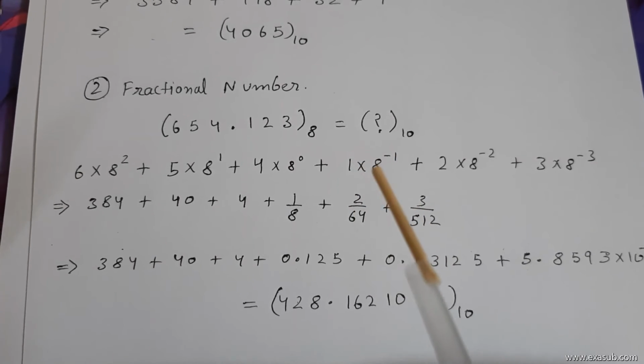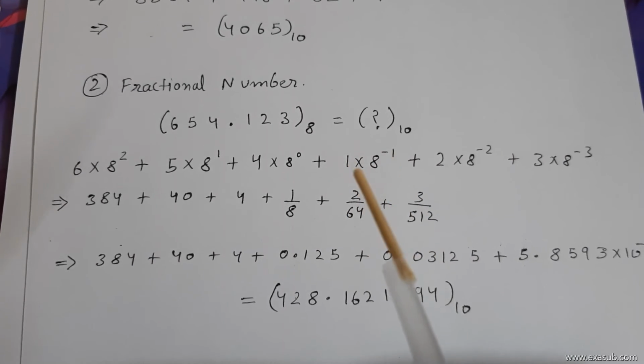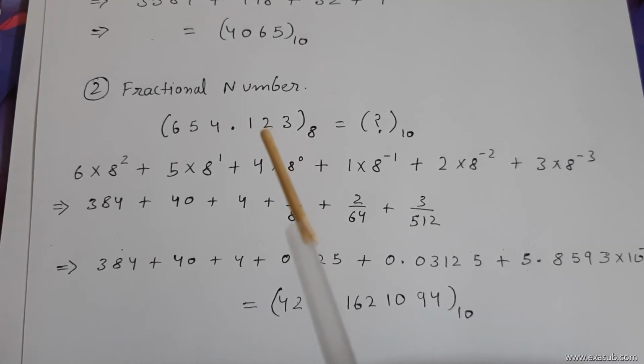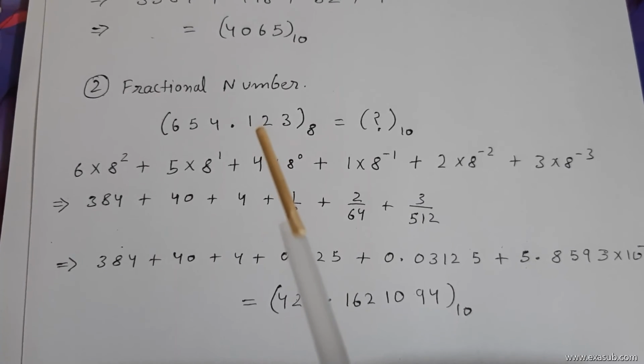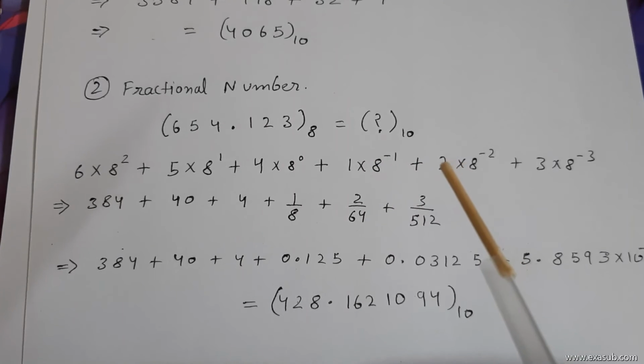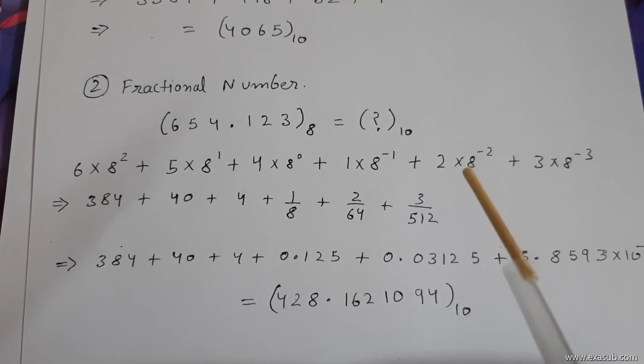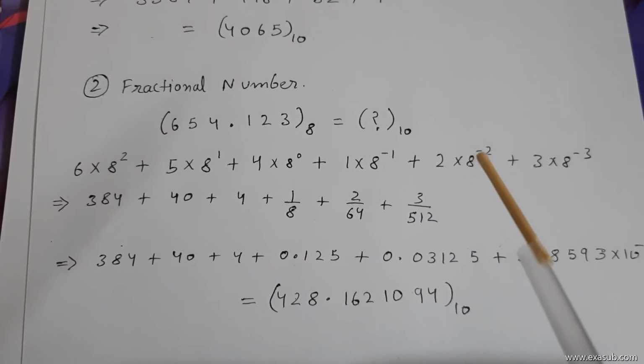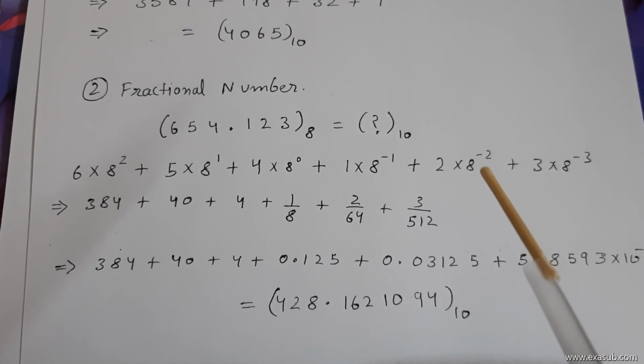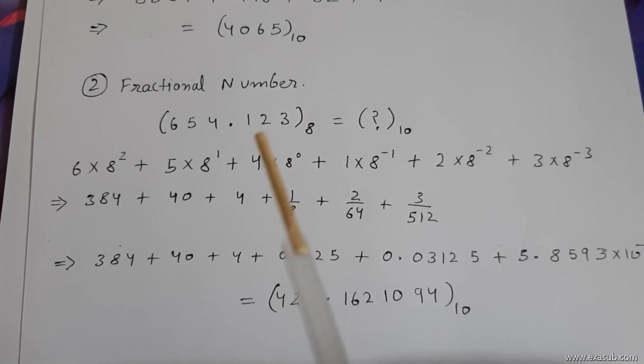So 1 times 8 to the power of -1 gives us its value. Now if we move on to the second digit, 2 is the face value, multiplied by its positional weight, which is 8 to the power of -2. Similarly we move on to the next.